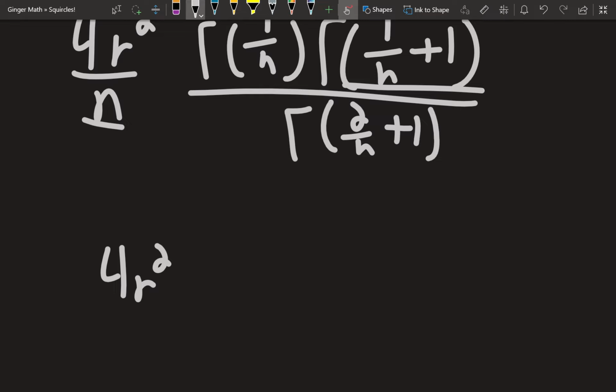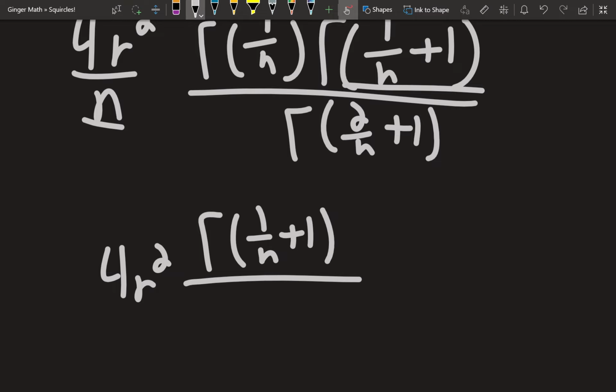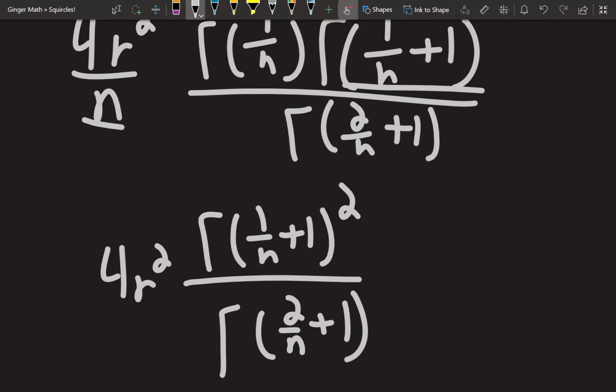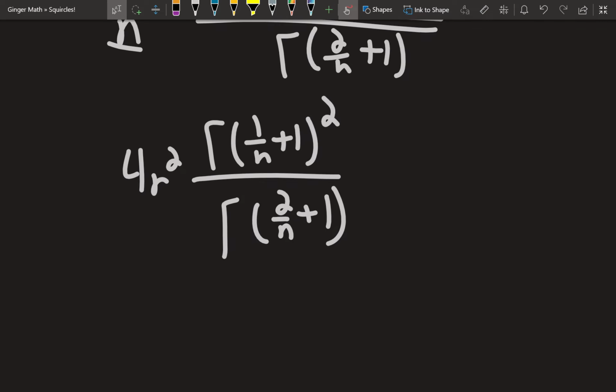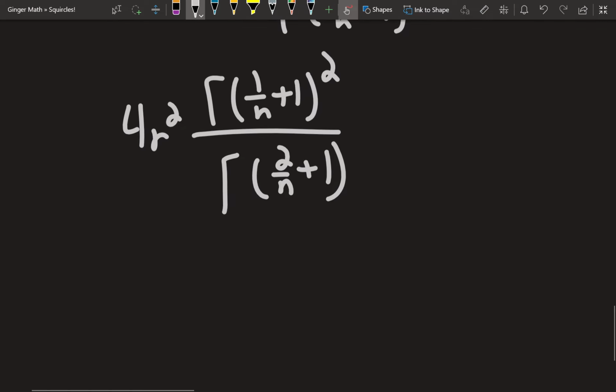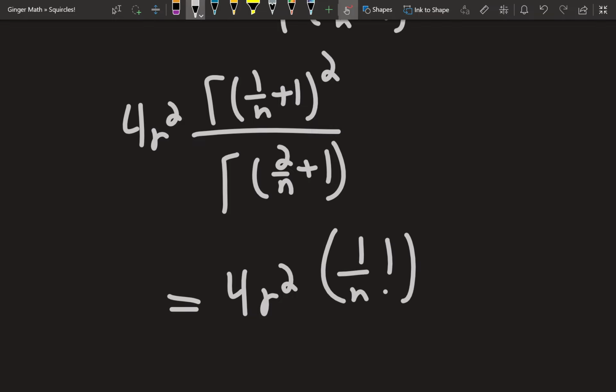So what we're going to actually get is quite nice. We're going to get a gamma of 1 over n plus 1 squared divided by gamma of 2 over n plus 1. And I'm just going to replace this with factorials. 4r squared times 1 over n factorial squared.